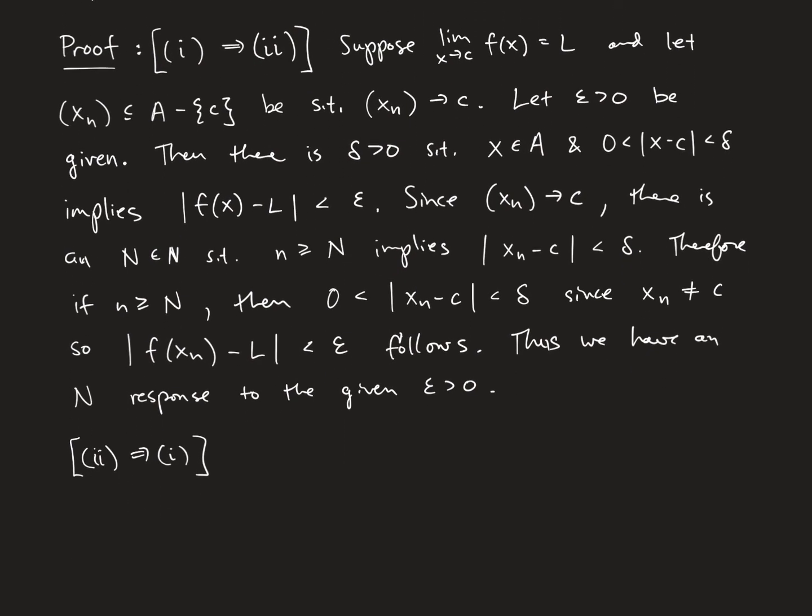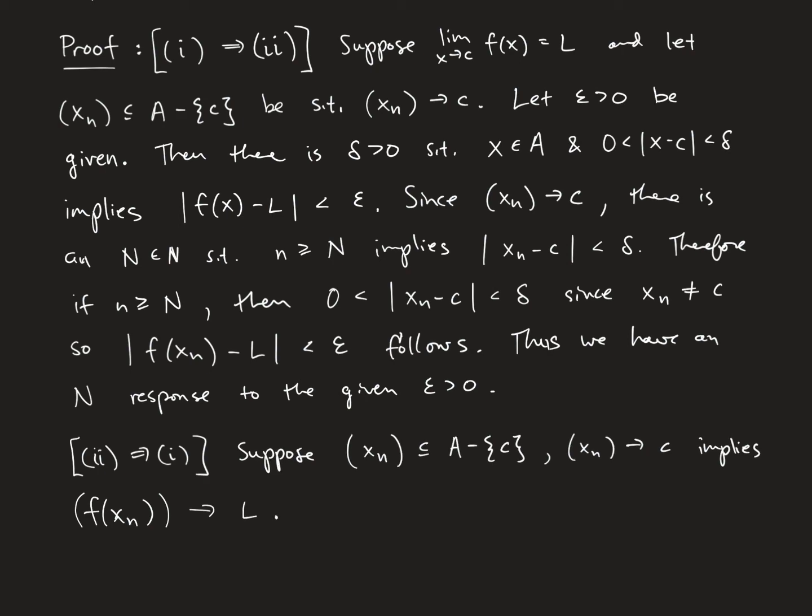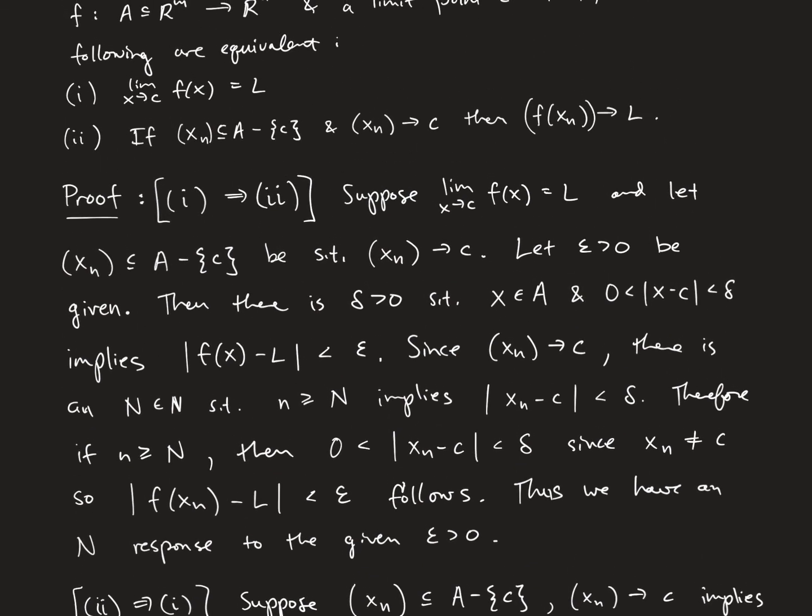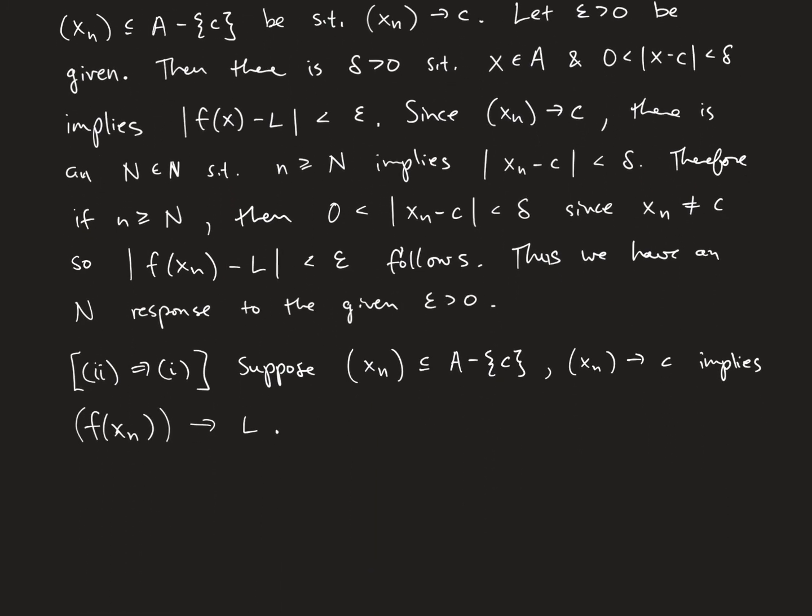Okay, so for 2 implies 1, we suppose that whenever we have a sequence of things in A that are never c, and those things converge to c, suppose that implies that f of x sub n converges to L. So what we need to show is that the limit as x approaches c of f of x equals L.